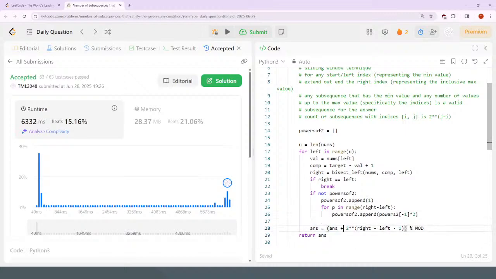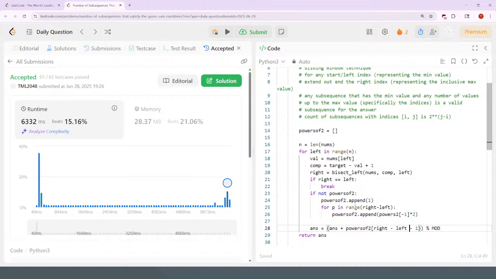And then I can just use the array powers of 2 indexed at right minus left minus 1. Right minus left could be, let's see, right minus left could be, let's say initially 5.